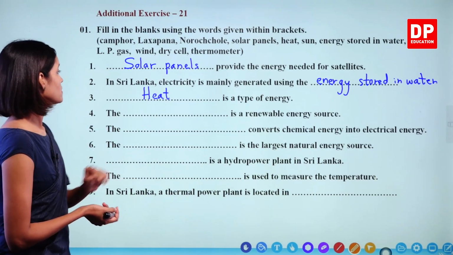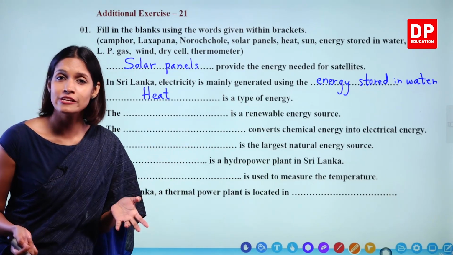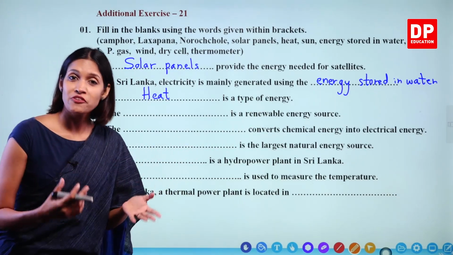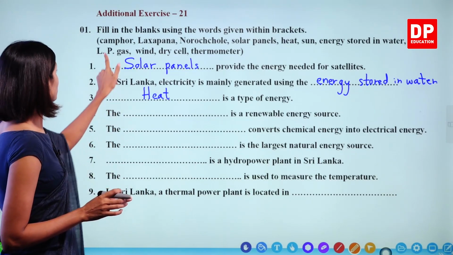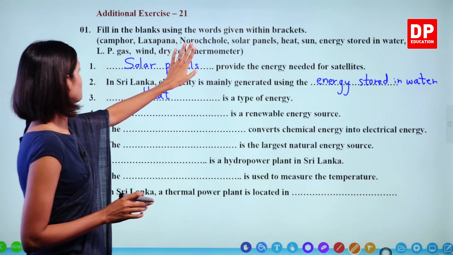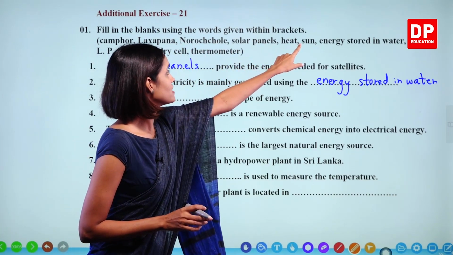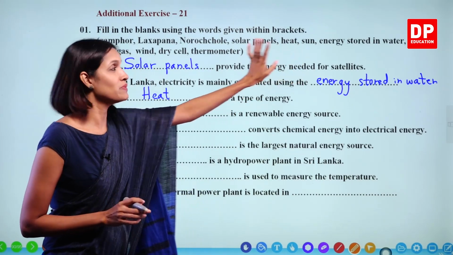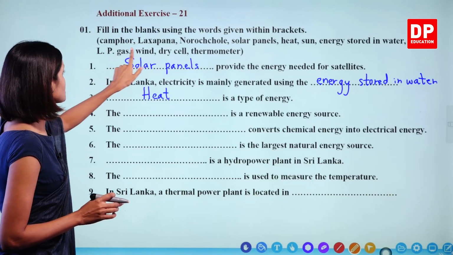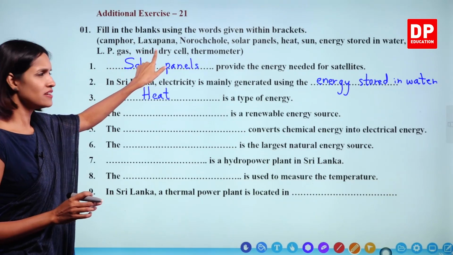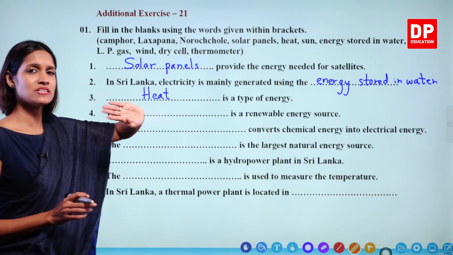Number 4 is a renewable energy source. What is the meaning of a renewable energy source, children? The type of energy sources that we can obtain again and again. Let's go through them. Camphor, Lakshapana, Norochcholai, solar panels, heat, sun. Now sun is a renewable energy source. Energy stored in water, LP gas. Again we have wind. We have 2 answers for this, I think. Here we have dry cells and thermometer.